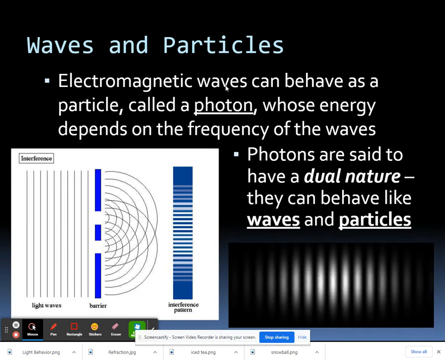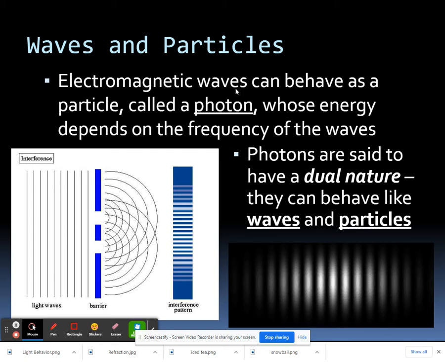The other crazy thing about waves in the electromagnetic spectrum is there's a super awesome nerdy term for it that I believe was coined by Einstein: the wave-particle duality of light. Duality means two things at once, and the two things are waves and particles.